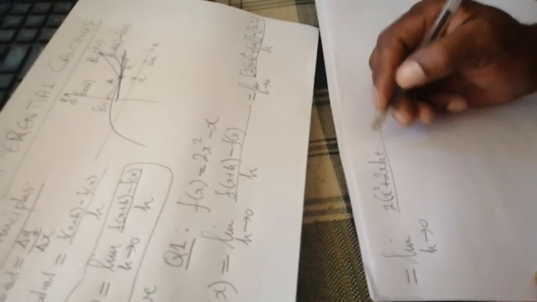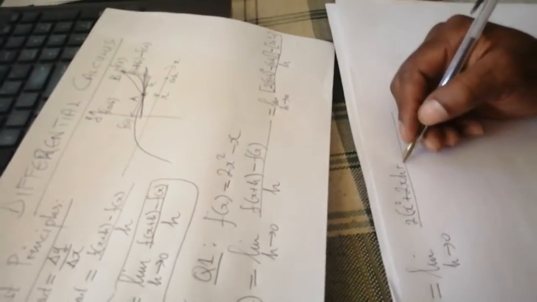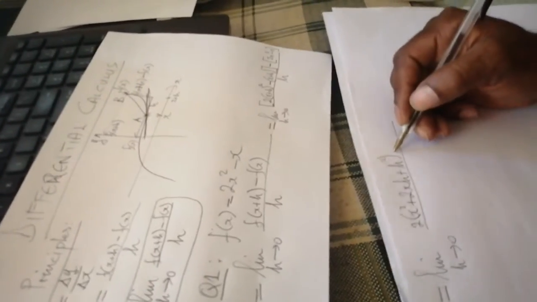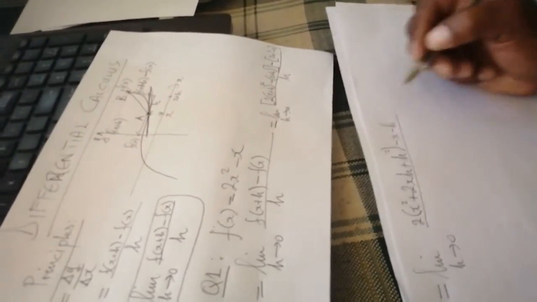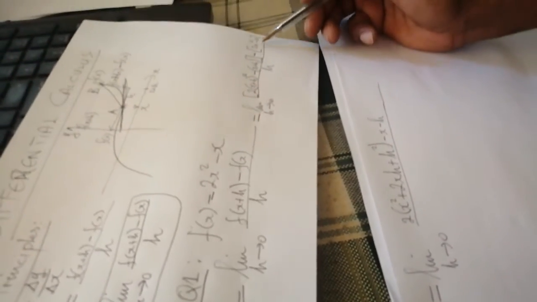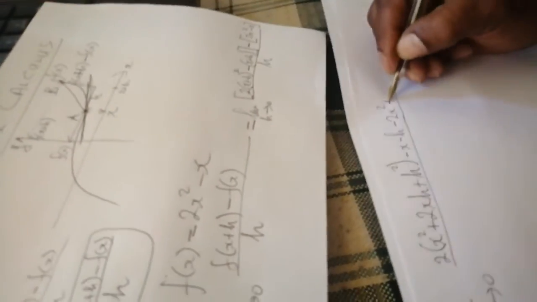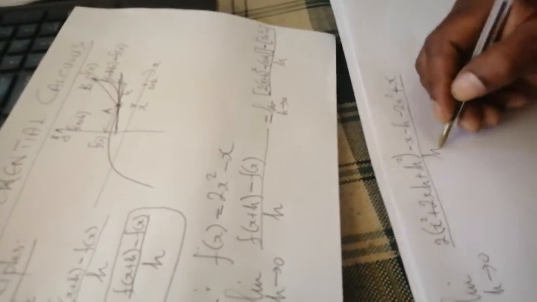Then the last term becomes the last term squared, h squared. Then I have a minus before the bracket there, which is going to give you minus x minus h. And I also have a minus before that bracket, which is going to give me minus 2x squared. Then negative and negative becomes plus x over h.